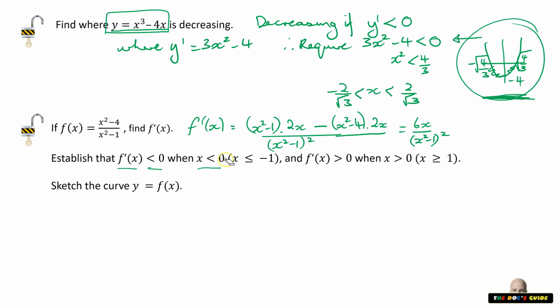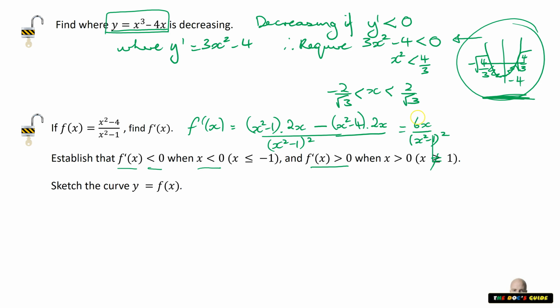But for any other value of x less than 0, this bottom will be positive because it's something squared, and the top will be negative because x is less than 0. So that means that f dash of x will be less than 0. Now, likewise, to get f dash of x to be greater than 0, again, the bottom is always positive except when x equals 1, because that would make the bottom 0, so the whole thing would be undefined.